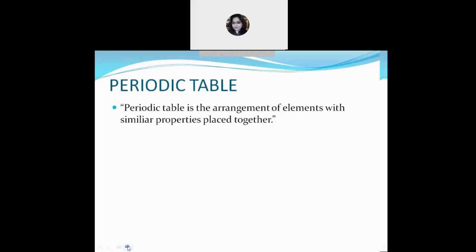So in malls also, different things which have similar properties are grouped together, and people go there and buy them. This is how classification is done. So classification of elements was very much important, because without proper classification we cannot stay organized and we cannot stay focused.